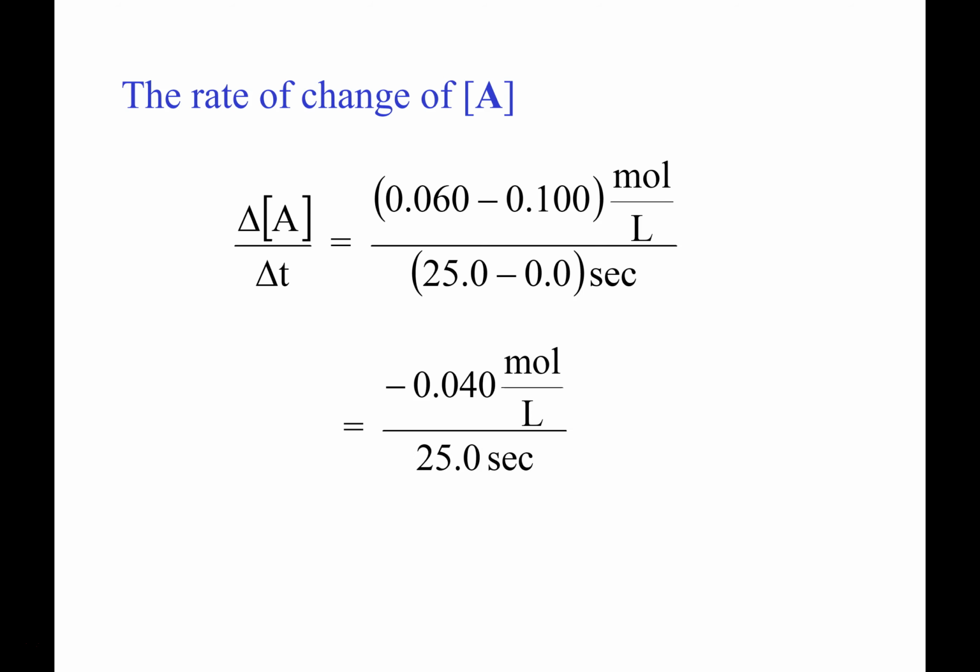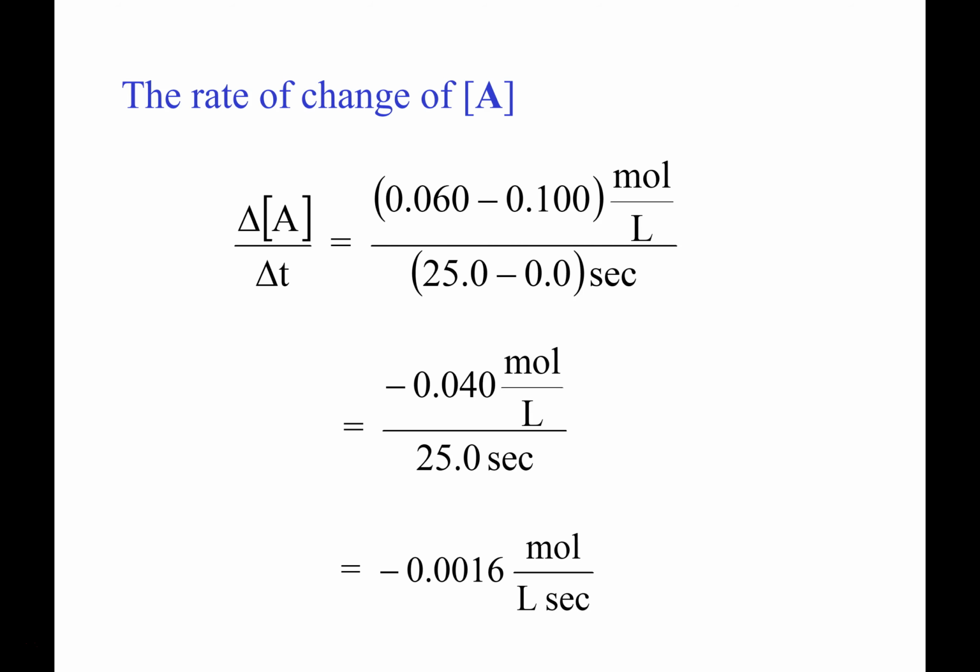So if I take negative 0.040 moles per liter divided by 25.0 seconds, rounded to 2 sig figs, you're looking at a rate of change of A as negative 0.0016 moles per liter per second.